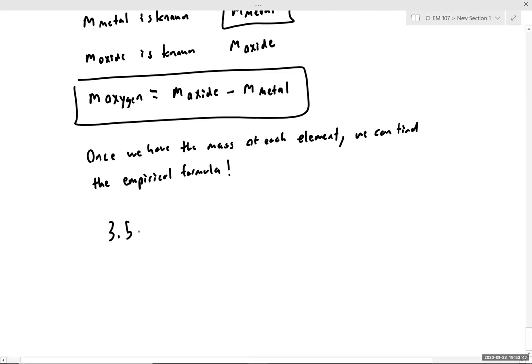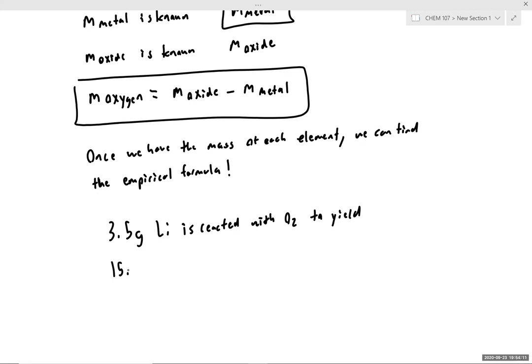Suppose we take 3.5 grams of lithium and it's reacted with oxygen to yield 15.00 grams of a lithium oxide.